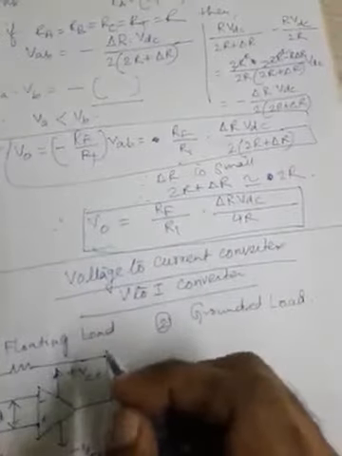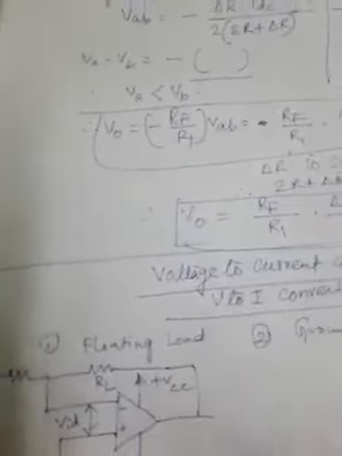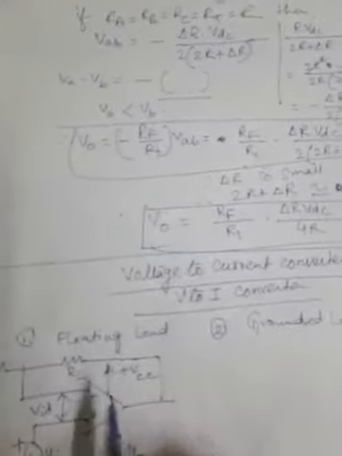At the inverting terminal, there are two resistances. One is connected with the output, which is RL. This RL is connected between the output and the inverting terminal, and this node voltage is denoted by VF, and the other resistance is R1, which is connected to ground from the inverting terminal.